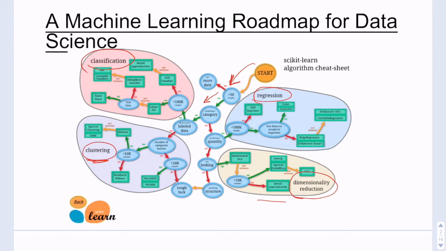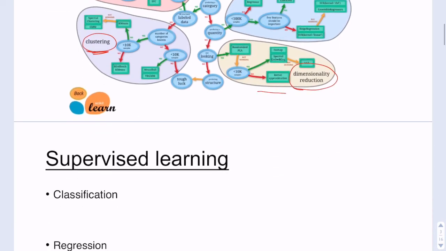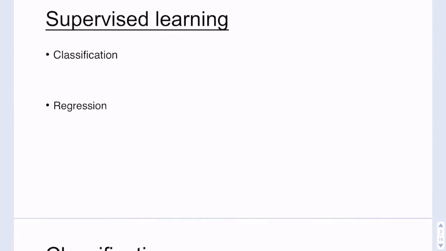This is a very nice diagram. I would suggest printing it and putting it on your desk anytime you're having a problem. It gives you a very good big picture view of machine learning algorithms. As I said, supervised learning techniques in machine learning can be categorized into two groups: classification and regression.